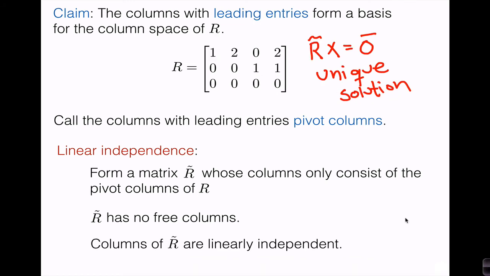That in turn means that the columns of R tilde are linearly independent. The only solution to R tilde times x equals the all zero vector is the trivial solution, where x is itself the all zero vector. What that is saying is that the only linear combination of the columns of R tilde equal to the all zero vector is the trivial combination, where all the coefficients are 0. Therefore, the columns of R tilde are linearly independent.